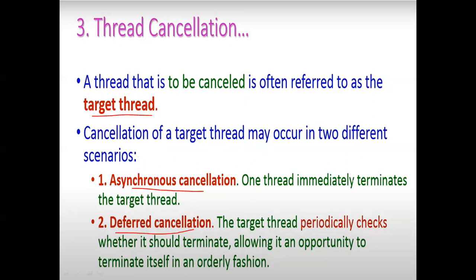One thread immediately terminates the target thread; we call that asynchronous cancellation. Deferred cancellation means the target thread periodically checks whether it should terminate, allowing it the opportunity to terminate itself in an orderly fashion. This we call deferred cancellation.